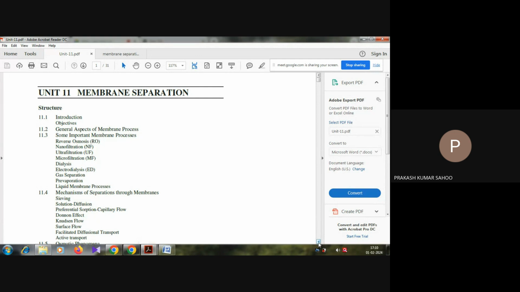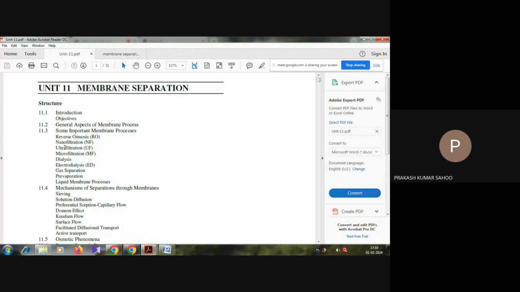From a technical point of view, there are many types of membrane separations. There is the reverse osmosis process, which is an important aspect related to our water purifiers, that is RO.